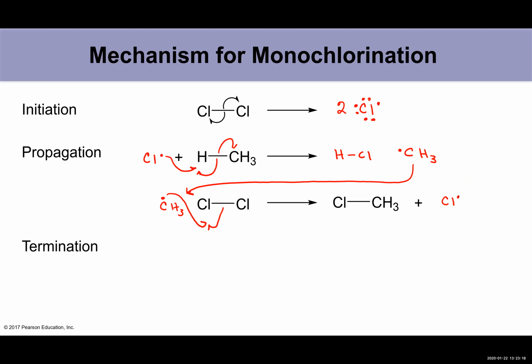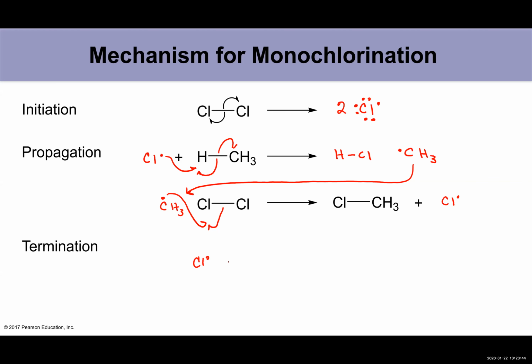We call this the termination phase. And in the termination phase, any 2 radicals that are produced in the reaction can recombine to form a product. Okay? And hopefully, there's enough chlorine in the reaction that you get your alkyl halide out. So examples of termination reactions would be, I have Cl, right?